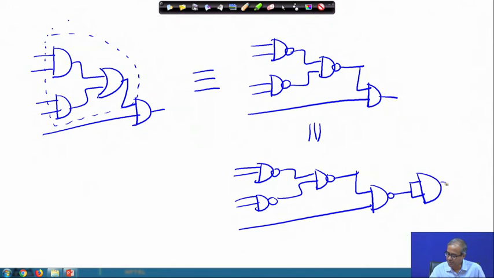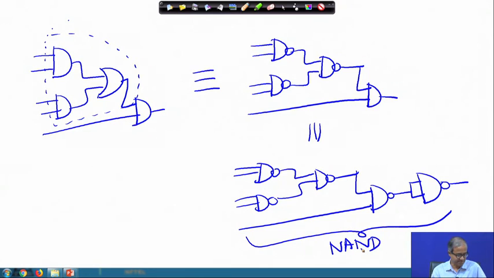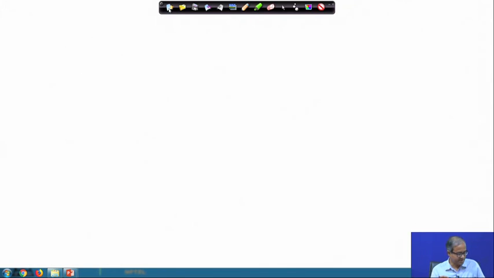You know how to implement a NOT using NAND. So, you see you have obtained an all NAND implementation of the original circuit, right, simple.